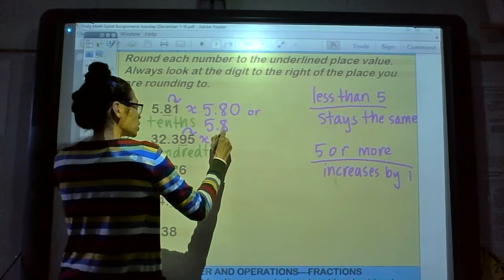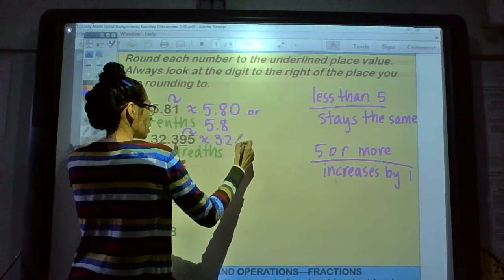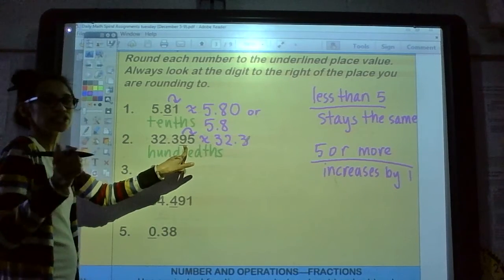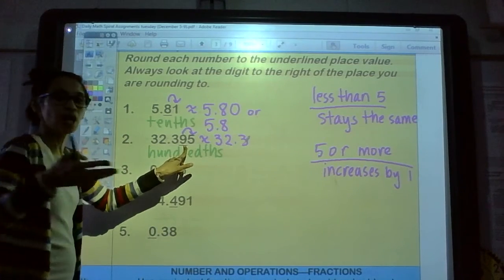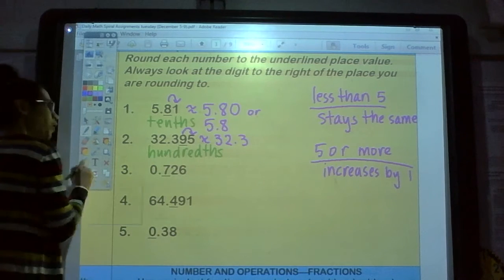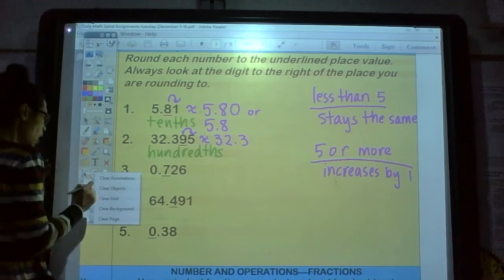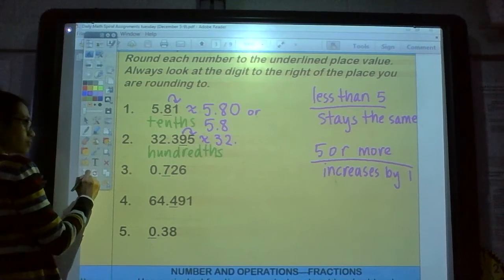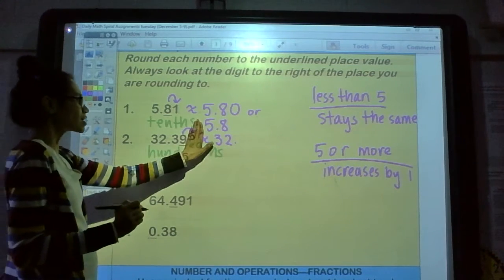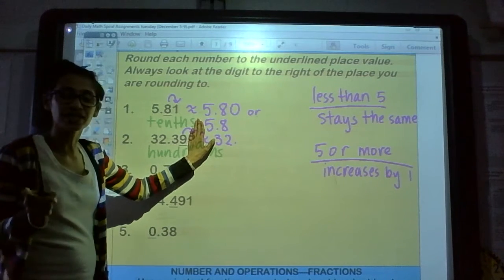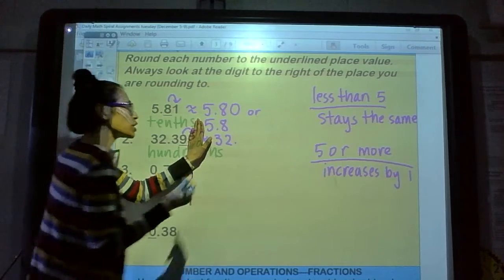So we have 32 and 30. Oh no. Look at that 9. If that increases by 1, it actually becomes a 10, which then goes to that 3. So we need to erase that. And look, do you see that 39? If that 39 increases, it becomes a 40.